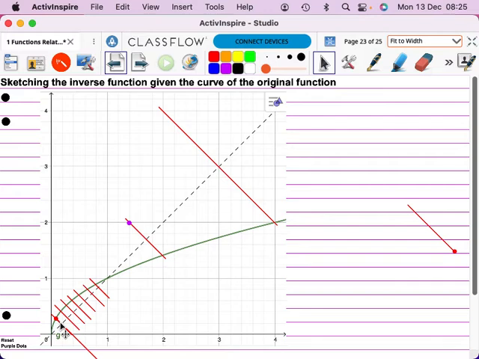You then measure this distance, and then you measure this distance on the other side, and you mark a point. Then you move a short way up the curve.